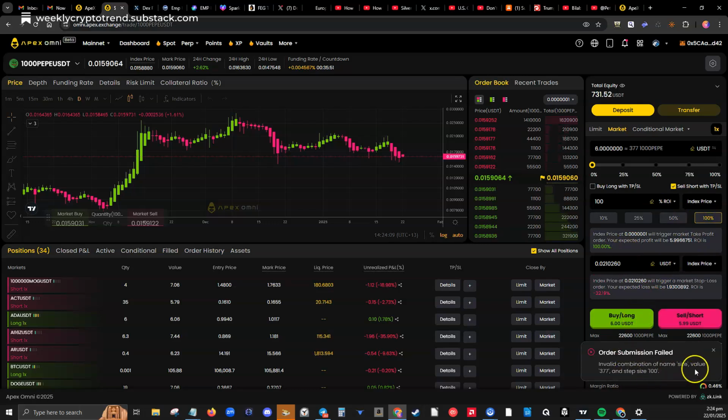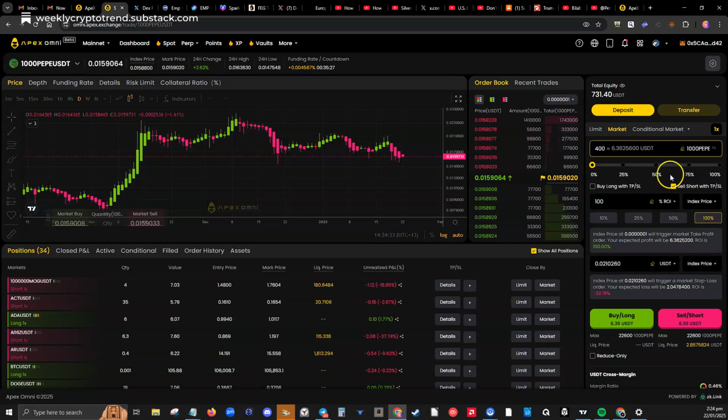Invalid combination name size value 377, step size 100. Step size 100, it means what? Okay, so I probably need 400 there. So we'll change the Pepe and make it 400. So 400 step size. This is something you don't see with normal centralized exchanges.